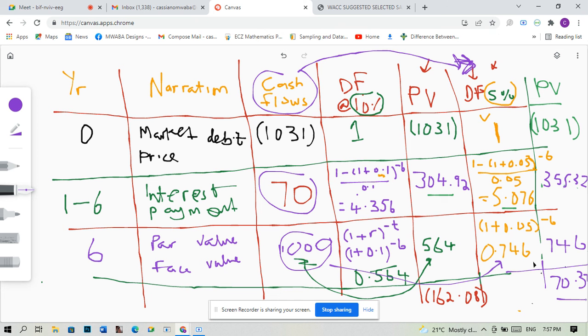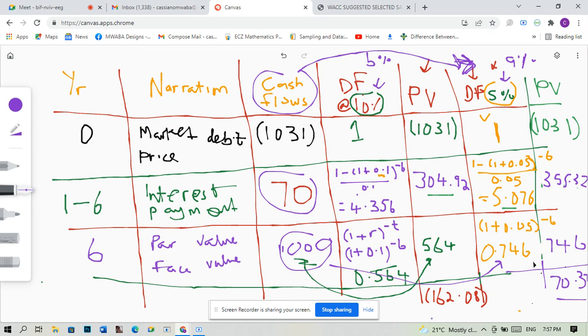So now what's going to happen is these present values and these two discount factors, 10% and 5%. 10% is the higher discount factor, which is the B percent. That formula was the higher discount rate. Then our A% is going to be this 5%, which is the lower discount factor.